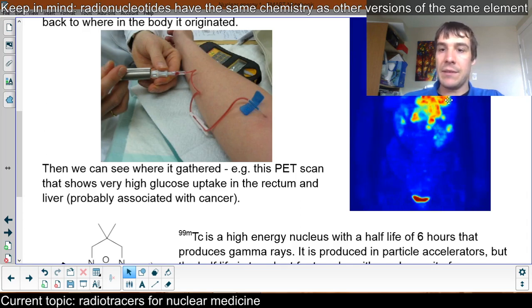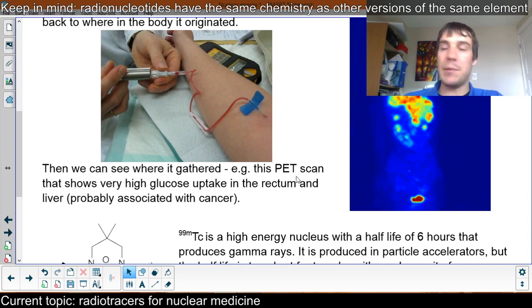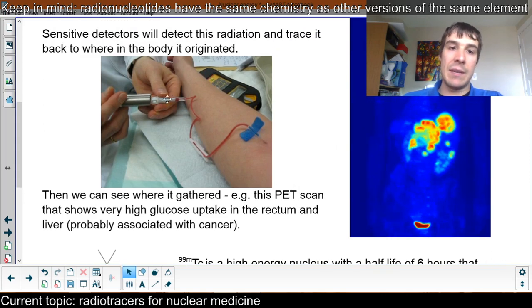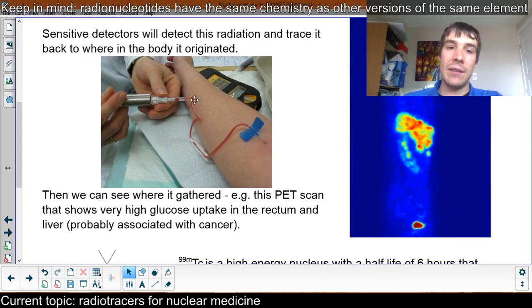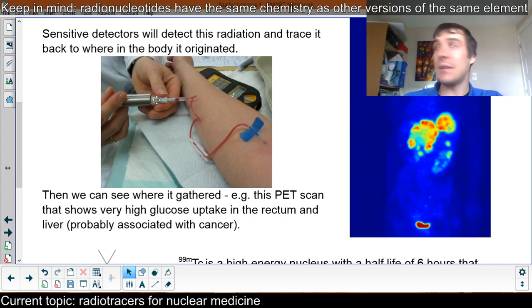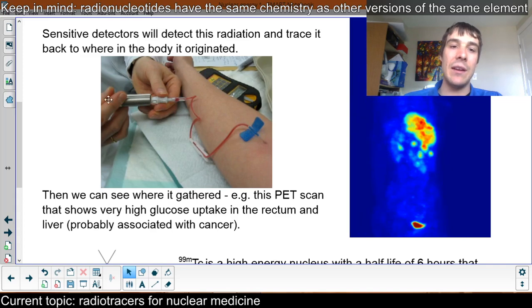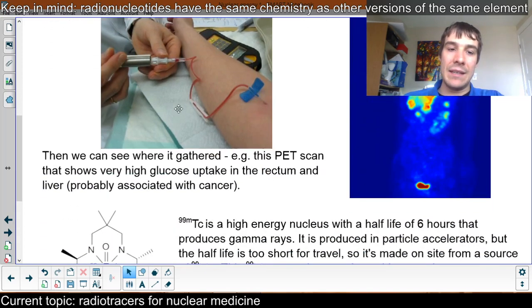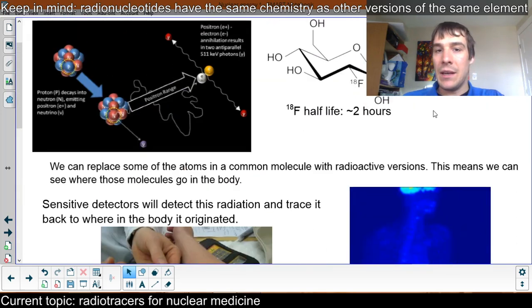The liver as well. So this is called a PET scan, positron emission tomography scan. And this is them actually injecting the radioactive tracer into the person. It's kind of cool. The syringe is actually shielded against radiation. So yeah, you actually get an injection of radioactive material for it.